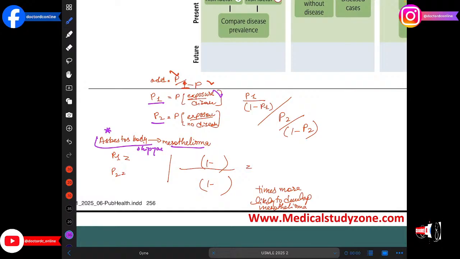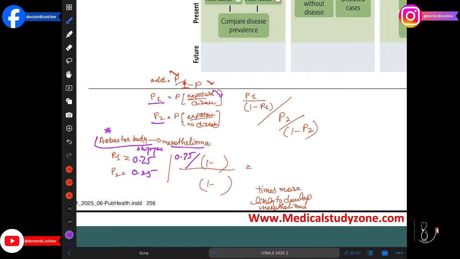Suppose the study finds that the probability of exposure to asbestos in patients with cancer is 0.75, while the probability of exposure to asbestos in disease-free patients is 0.25. Now, how do we set up our odds ratio equation for this?